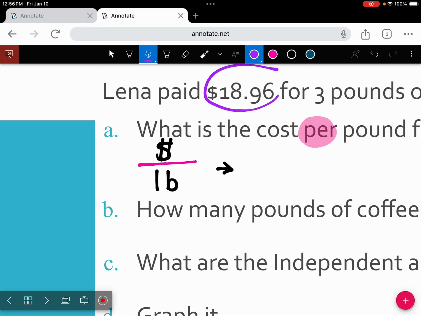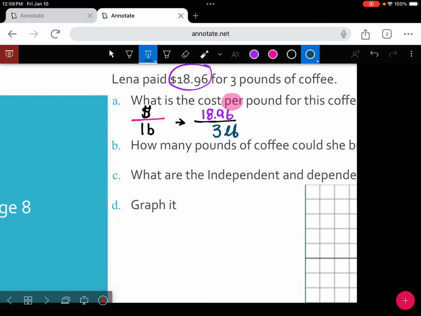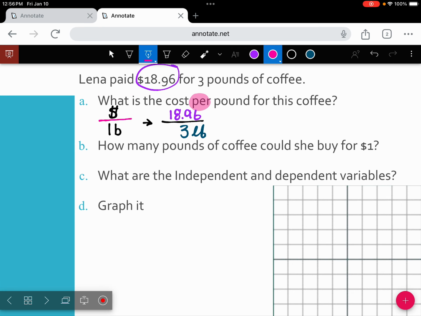She spent $18.96, per 3 pounds. So what is the cost per pound of this coffee? $6.32.